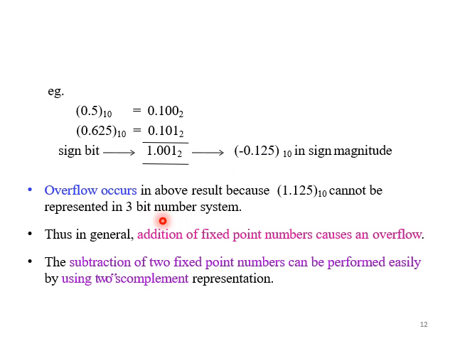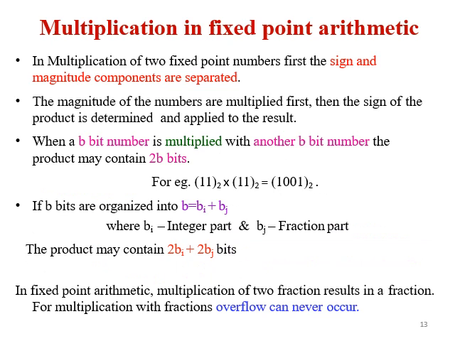Clear, right? The overflow occurs in the above result because 1.125 cannot be represented in a 3-bit number system. Addition of fixed point numbers can cause an overflow, right? The subtraction of two fixed point numbers can be performed easily by using 2's complement representation.